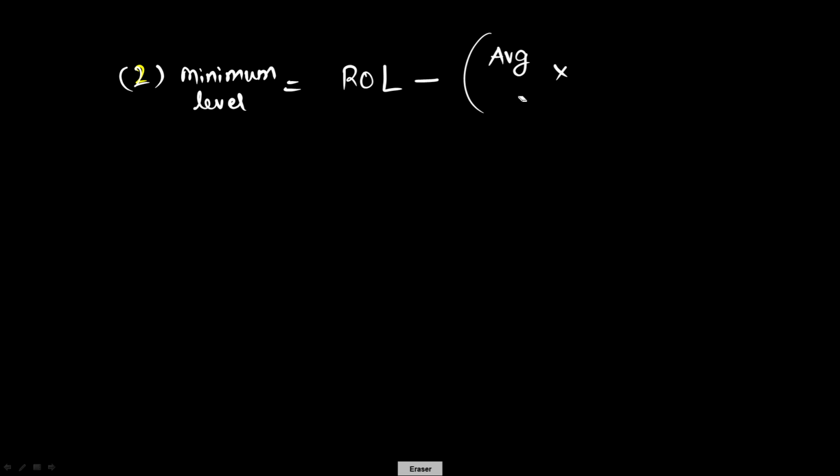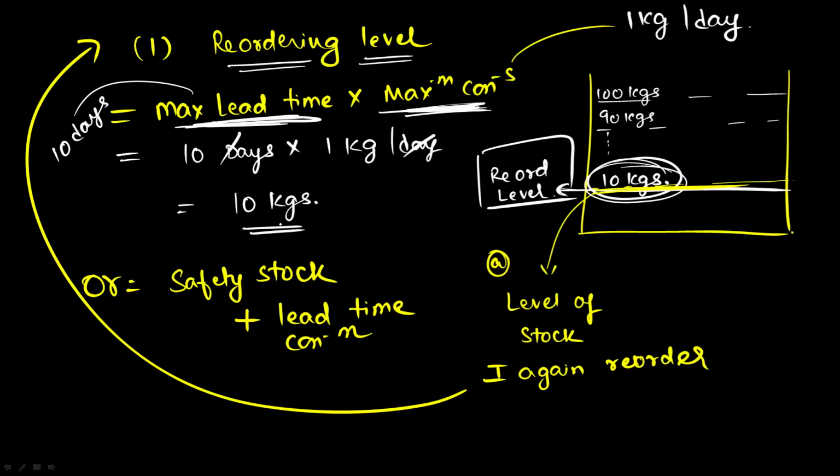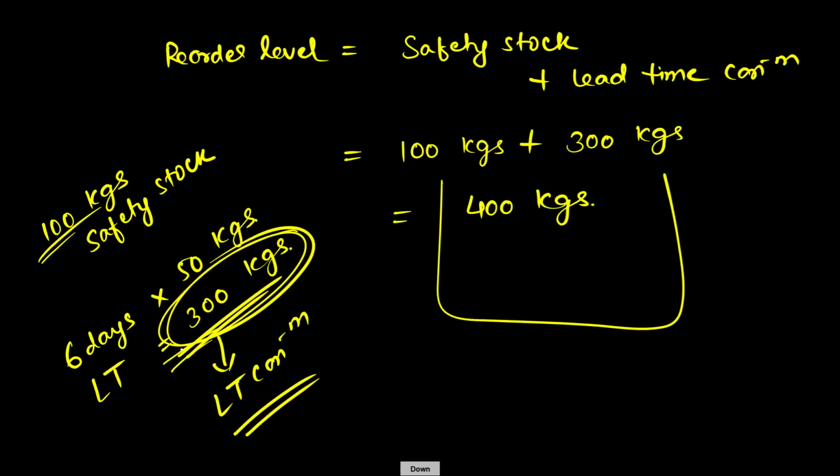You can even write down consumption. Average consumption multiplied by average lead time. LT is lead time. This will be minimum level in your go down. What was reorder level in this case? 10 cages.